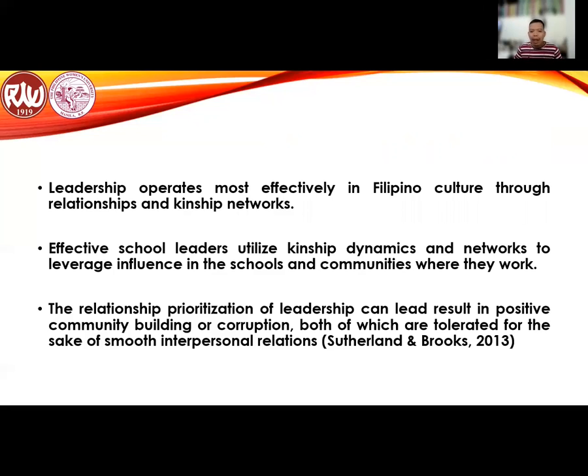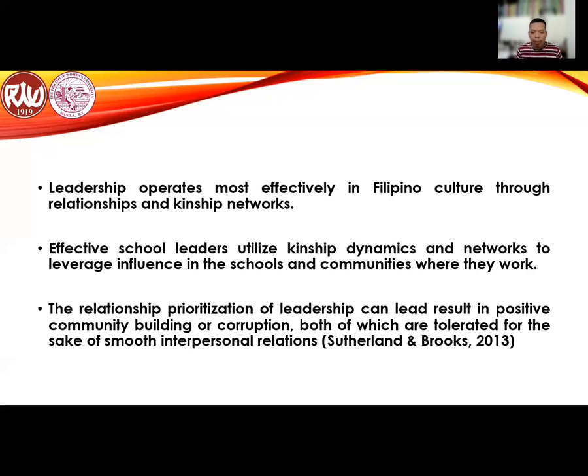Leadership operates most effectively in Filipino culture through relationships and kinship networks, like what we have in our school, where most of the employees are relatives of the owners. Effective school leaders utilize kinship dynamics and networks to leverage influence in the schools and communities where they work.